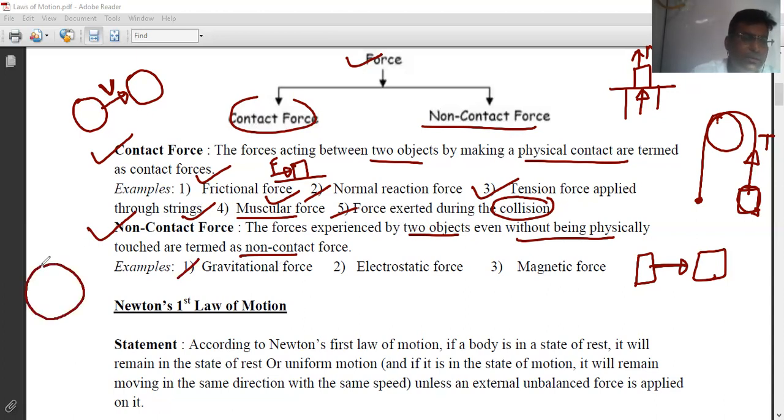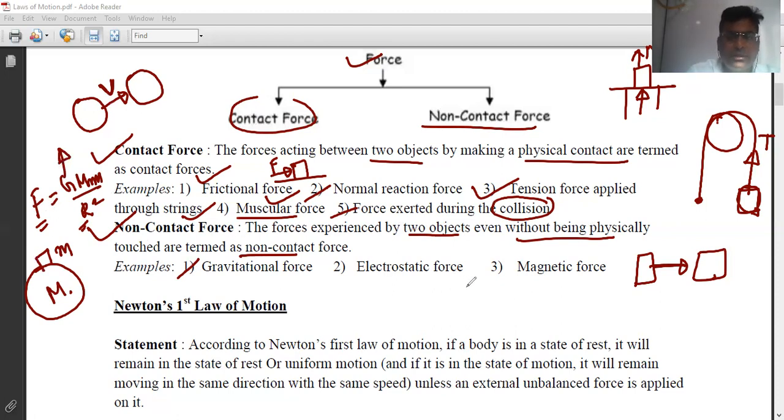Suppose this is our earth and we are living on the earth's surface. The force developed between the mass of the earth and myself is called gravitational force. Its formula is F = GMm/R². R is the distance, M is the mass of the earth, m is my mass, F is the force, and G is the gravitational constant. That is an example of non-contact force.